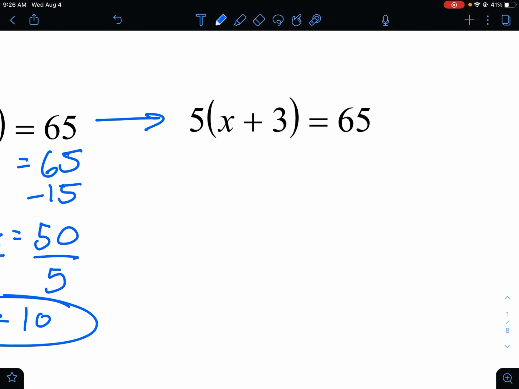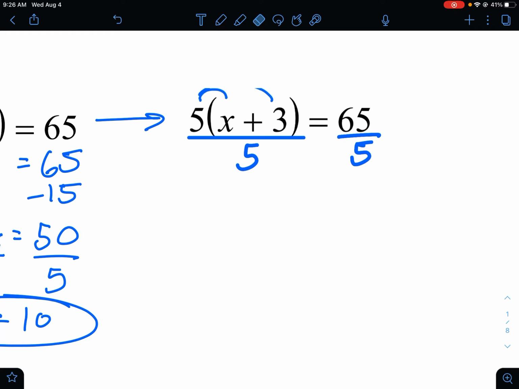All right. So another thing you can do, since this 5 is being multiplied by everything else on this side, right? It's 5 times all of this. You can actually divide both sides by 5 right away. And you're able to do this because everything on this side is being multiplied by 5.